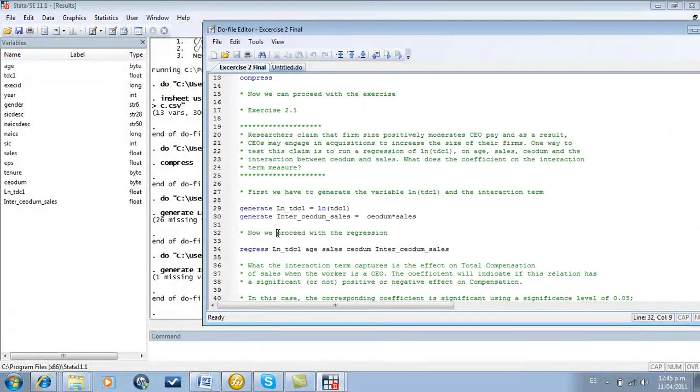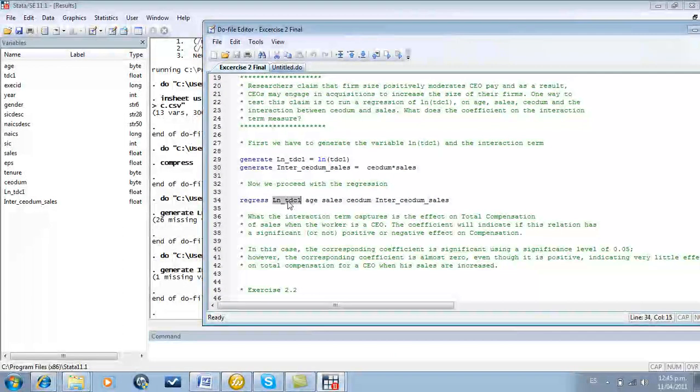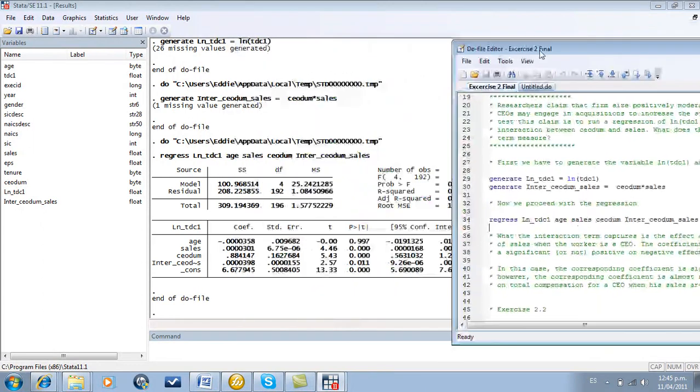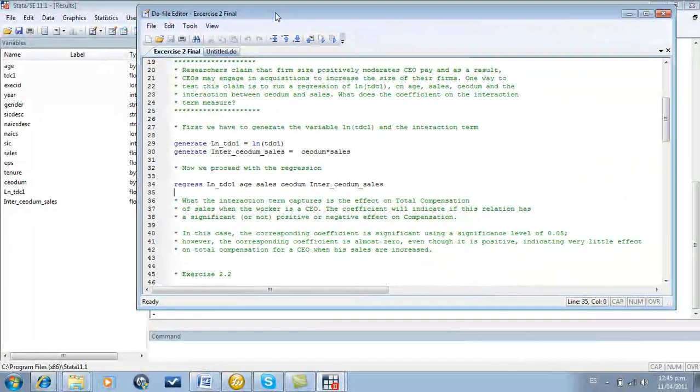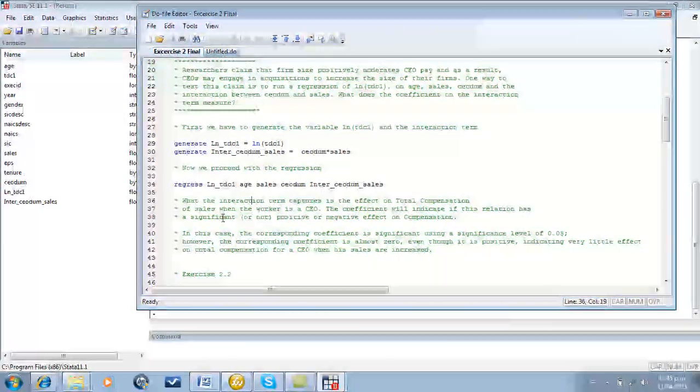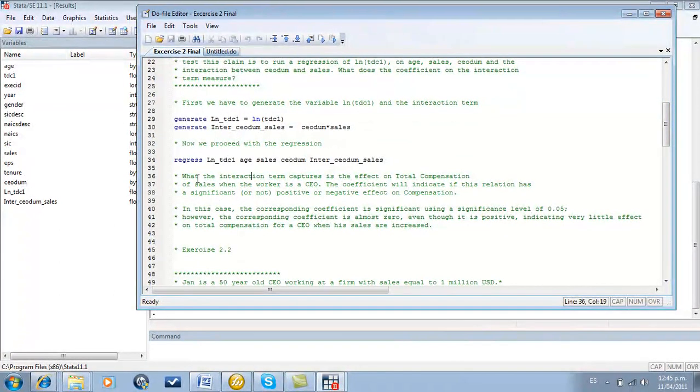Well, now we can proceed with our regression. Here we have the regression. Here we have our interaction term. Okay, perfect. And what the interaction term captures is the effect on total compensation of sales when the worker is a CEO.